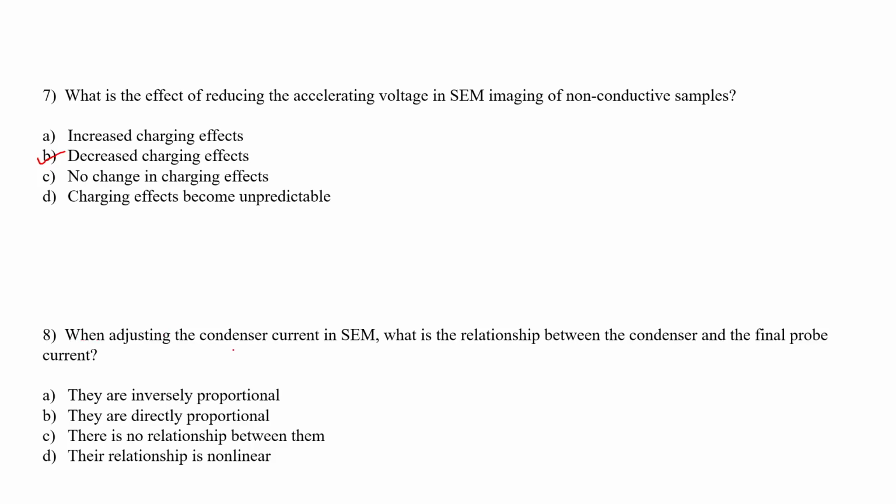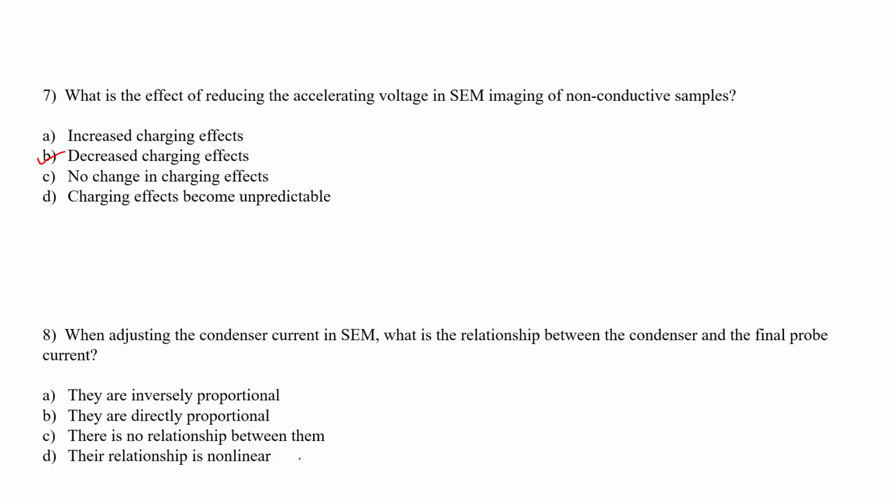Question number 8 says, when adjusting the condenser current in SEM, what is the relationship between the condenser current and the final probe current? Directly proportional, inversely proportional, no relation, or non-linear relationship? Any guesses?